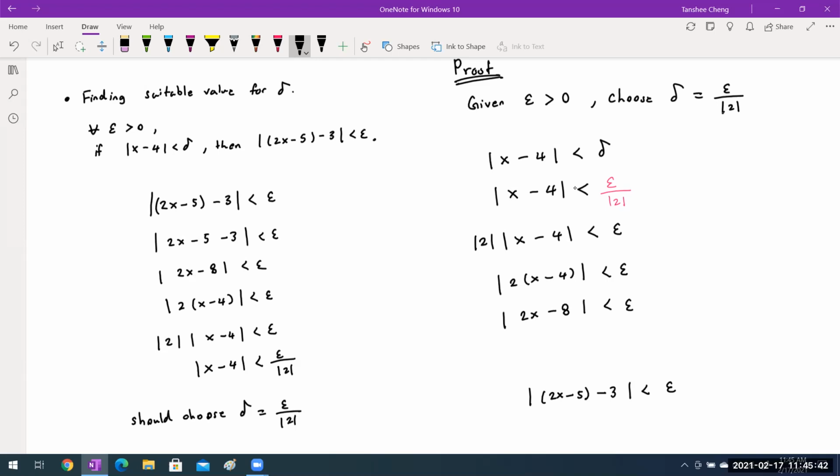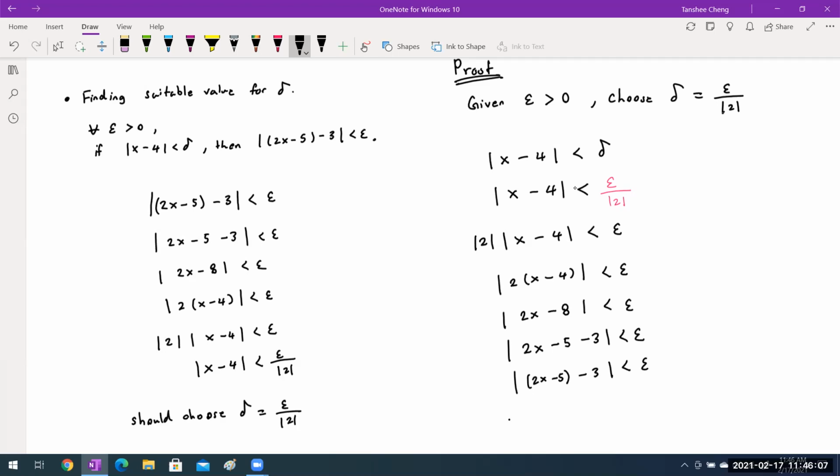But we need exactly the function minus the limit, so I need to rewrite it as the absolute value of 2x minus 5 minus 3 less than epsilon. And voila, this is the function minus the limit.